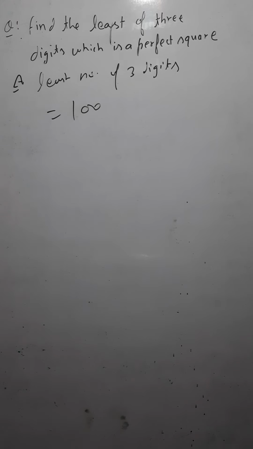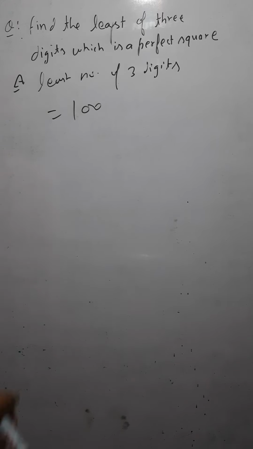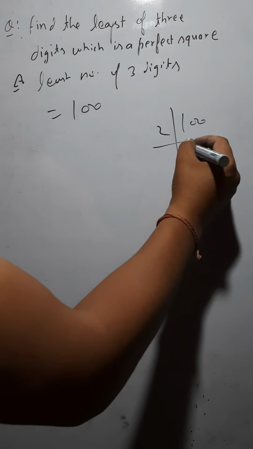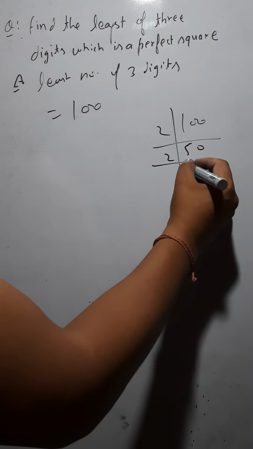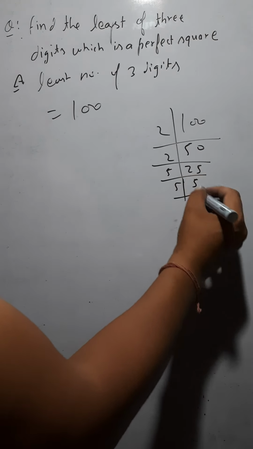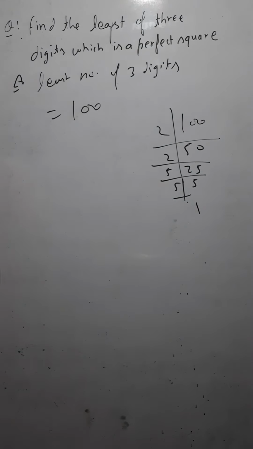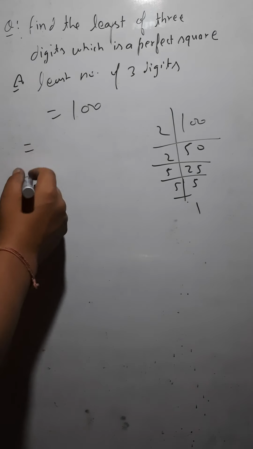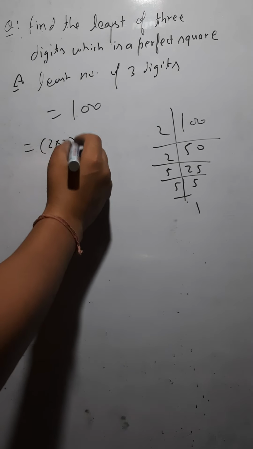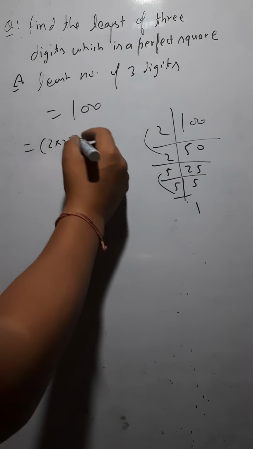We have the prime factorization method. If you check 100, 2 times 50 is 100, 2 times 25, then 5 times 5, then 5 times 1 is 5. So the prime factors of 100 are 2 multiplied by 2, a pair here, and 5 multiplied by 5, a pair here also.